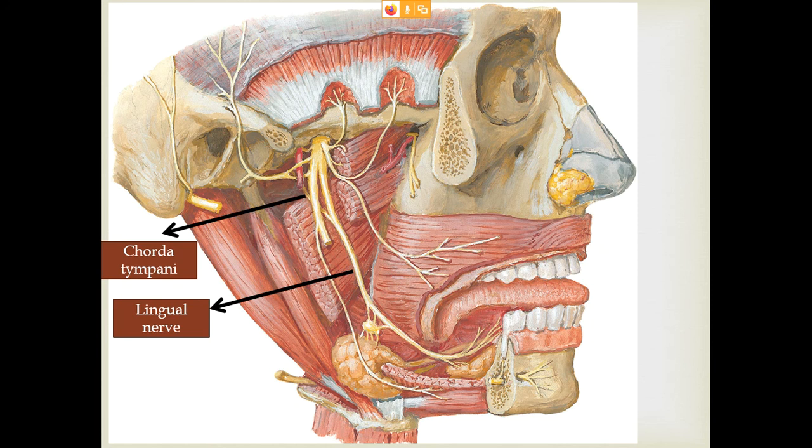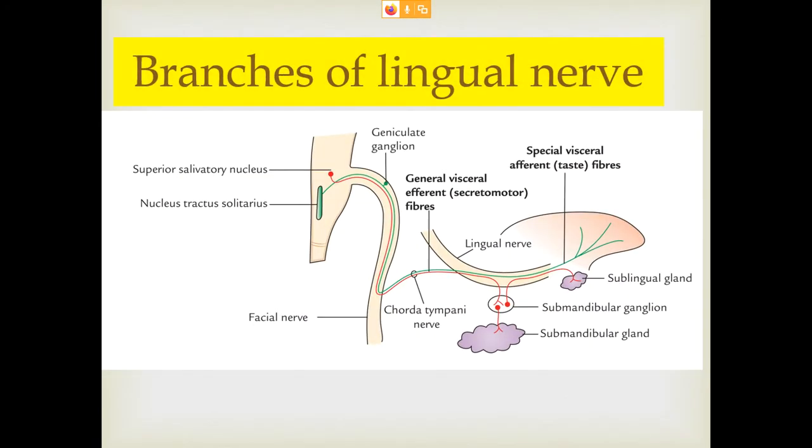Then coming to the lingual nerve, it lies in front of the inferior alveolar nerve between the lateral pterygoid and the tensor veli palatini muscle and receives the chorda tympani. Here you can identify posteriorly the lingual nerve receiving the branch from the chorda tympani. It communicates with the chorda tympani.